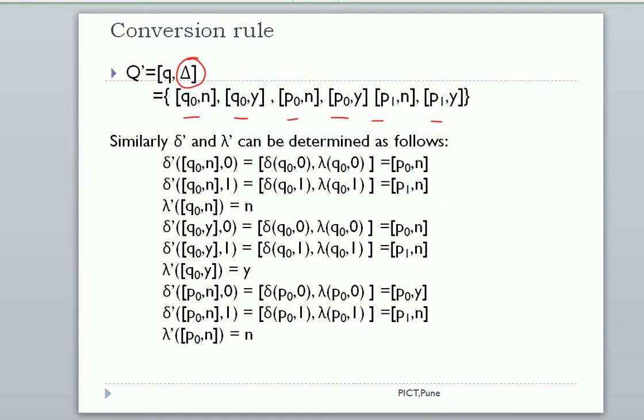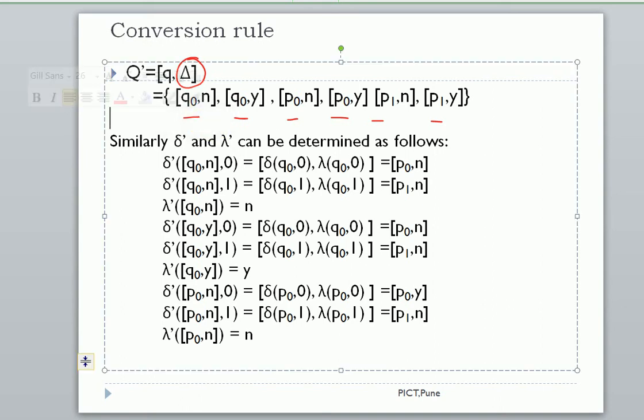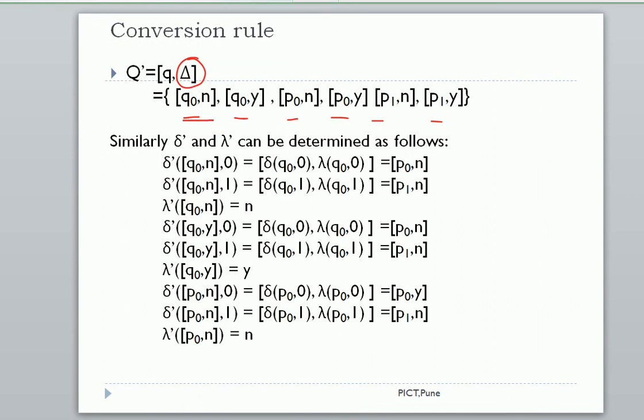So here capital Q dash, that means the set of states for the Moore machine, will be Q0, P0, P1 on output N, Y. That means Q0 on N, Q0 on Y, P0 on N, P0 on Y. Similarly, P1 on N, P1 on Y. We have to assume all the states.